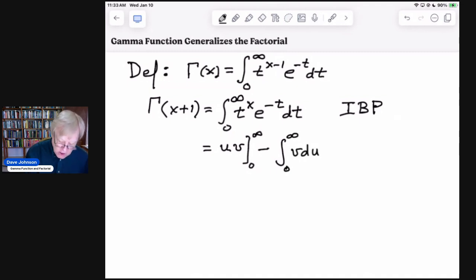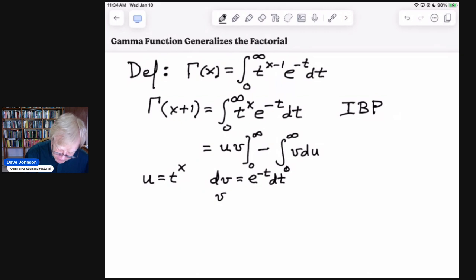I like to choose my u so that it's easy to differentiate and my v so that it's easy to integrate. So let's say u is equal to t to the x and dv is equal to e to the negative t dt.